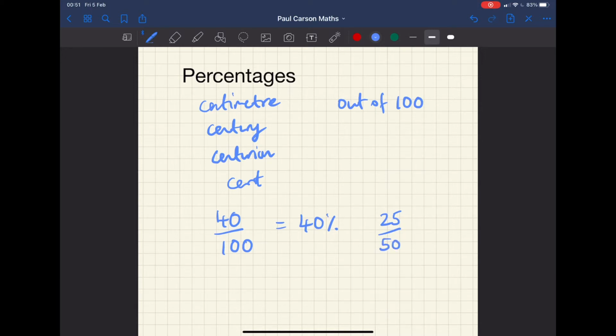Now when you report back to your boss, you don't want to tell him that you only asked 50, you want to tell him out of 100. So you'd say to yourself, okay, I need to make this out of 100. So how will I change 25 out of 50 to be out of 100? So just pause the video and think of the answer. So to do that, then we need to times 50 by 2, because that'll make it 100.